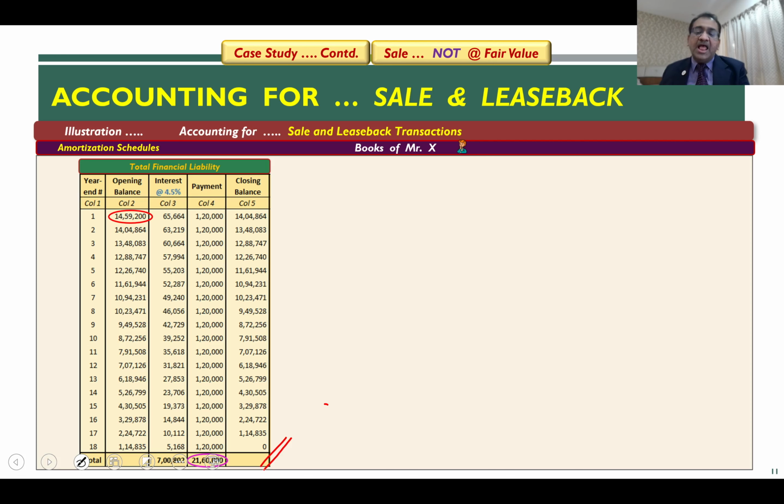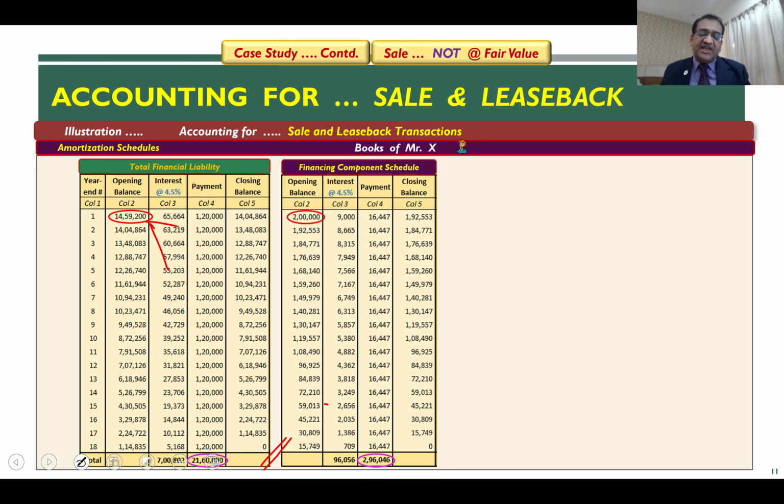Now this table has the liability consisting of both the leaseback related lease payment as well as the financing. If you want to see, for calculation purposes, how to separate this 1459 into 2 parts, the amortization table for the financing component of 2 lakh rupees will look like this. It's exactly the same calculation, just that you are starting with only the financing component of 2 lakh.